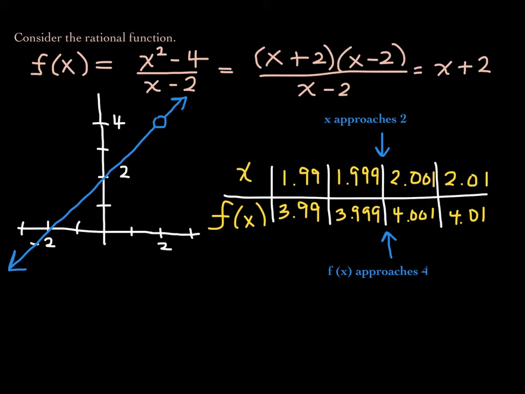If you let x be 2.01, the function value is 4.01. That's really close to 4. But if you let x get even closer to 2, 2.001, the function value is even closer to 4, 4.001. So looking at this table of values, one can conclude that as x values get closer and closer to 2, the values of f of x get closer and closer to 4.